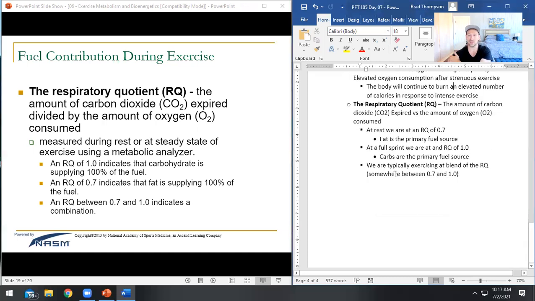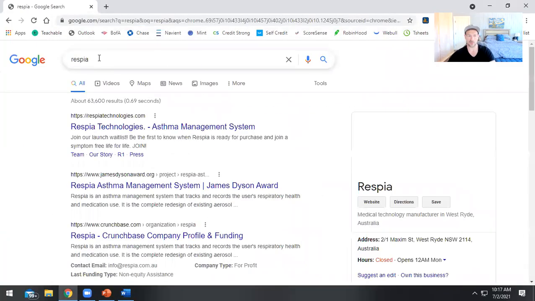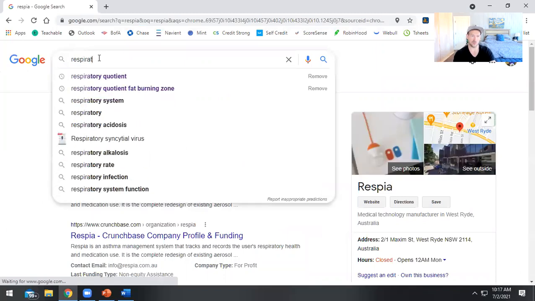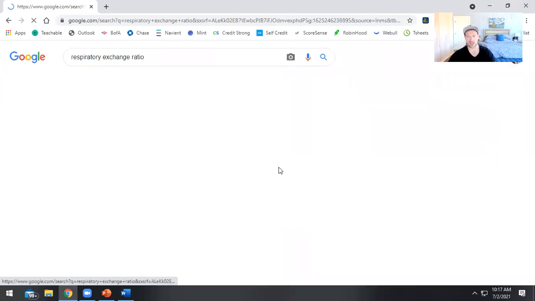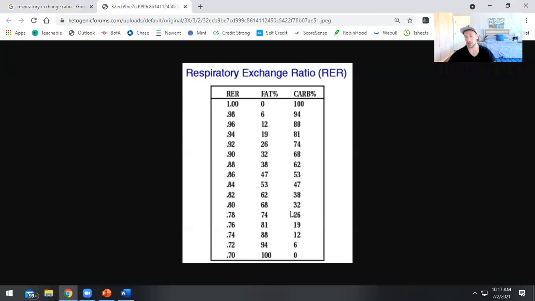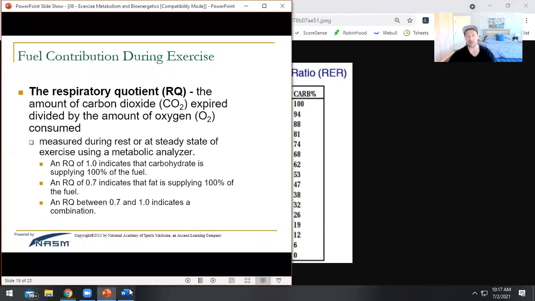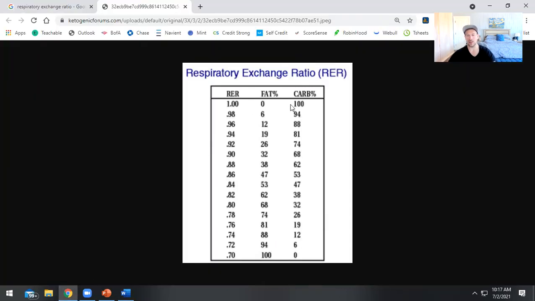But that's where we have to look at something called your respiratory quotient as well. So going back to what we talked about earlier, remember the respiratory exchange ratio or respiratory quotient. We looked at this earlier. It's moving between a blend of burning carbohydrates for fuel versus burning fat for fuel. So the EPOC group, they were doing high intensity interval training, so they were probably getting their RER up to somewhere around 1.0 for maybe a few seconds.